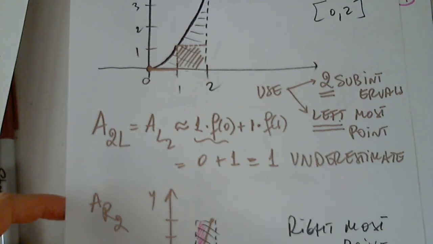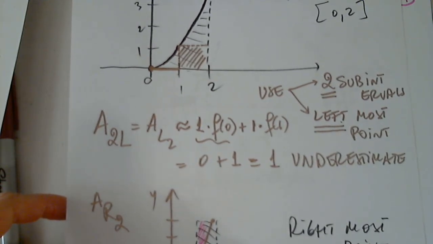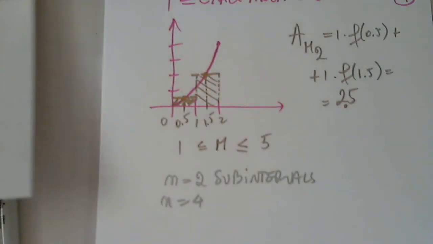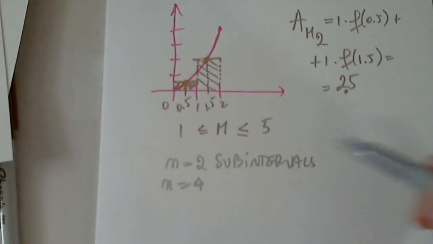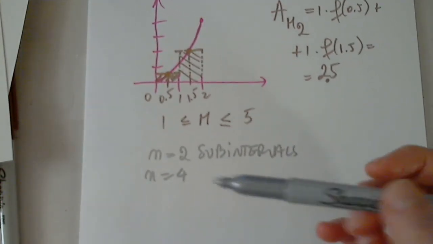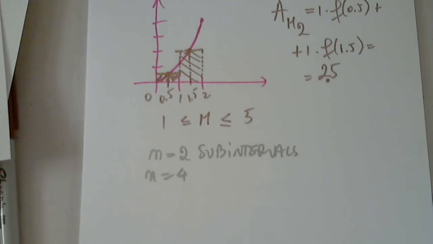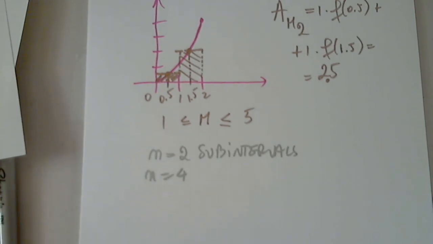I will divvy up into 4 equal subintervals and determine the leftmost point, rightmost point, or midpoint. Do you think that the approximation with 2 subintervals of the exact area, or 4 subintervals will be better? Anyone?